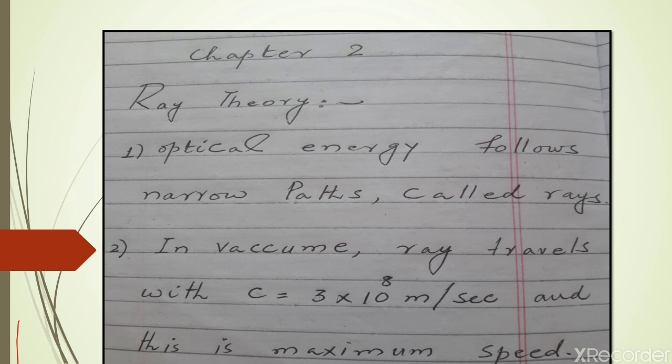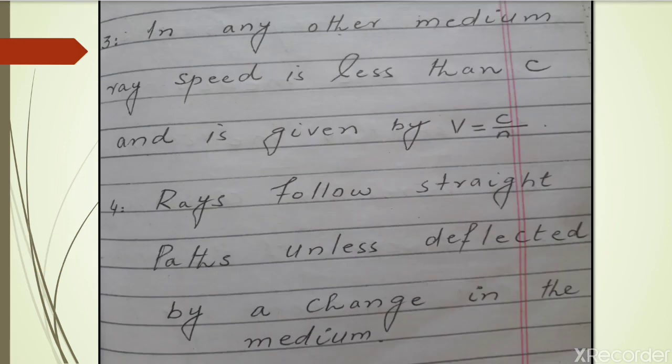This is the maximum possible speed, which takes place in vacuum. In any other medium, the speed of the light ray is less than 3 into 10 raised to power 8 meter per second.